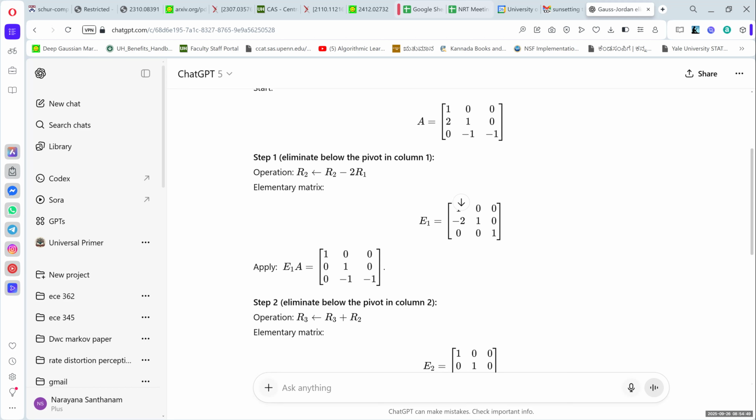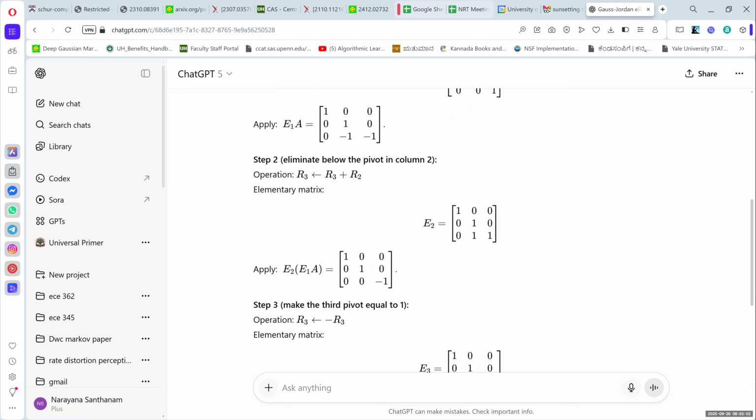Yes, R3 is R3 plus R2, and that is what it's doing. It looks at the second elimination matrix, which is this, and then it obtains this matrix.